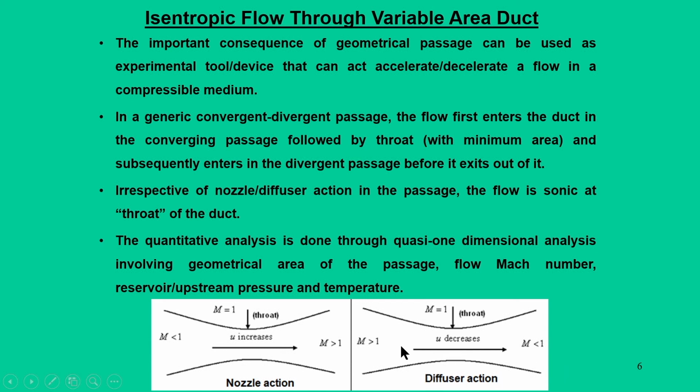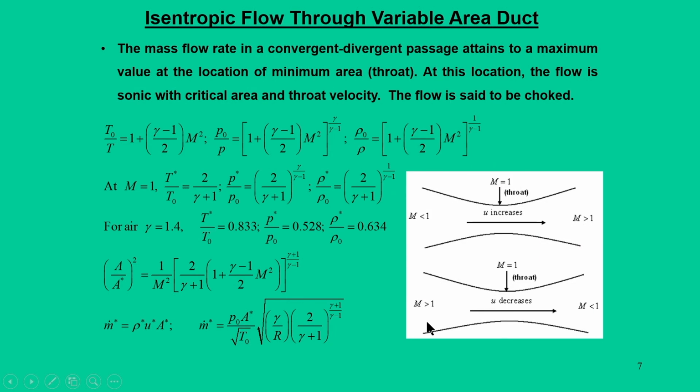This is the very basic philosophy of the variable area duct concept in isentropic flow. Now, in our earlier analysis, when we dealt with the quasi one dimensional approach, we derived many important relations and we also mentioned that the complete flow is isentropic in nature.